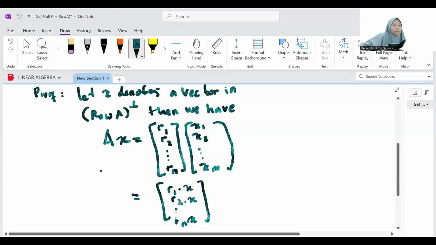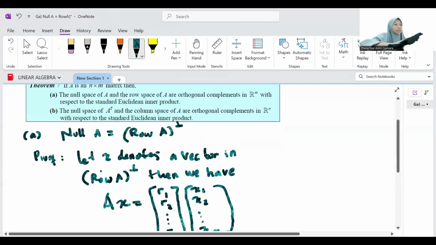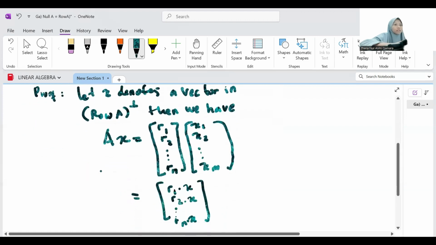Because for each of these rows, for example R1, each of the entries in R1, we multiply with each of the entries of vector x, and then we add them. That's why we can write it as the standard Euclidean inner product, the dot product.